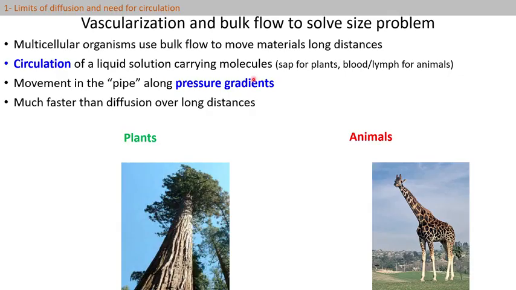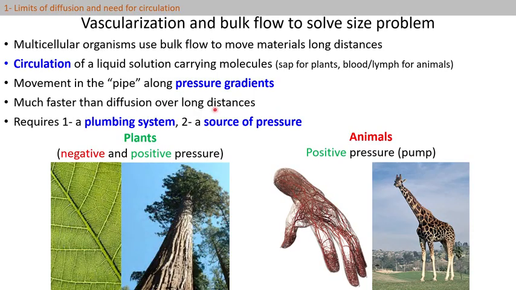And the key aspect to remember is that vascularization and bulk flow down pressure gradients is way, way, way faster than diffusion over long distances. So if I simplify what I'm saying, to go fast and transport nutrients and molecules easily, you need 1, a plumbing system, and 2, a source of pressure, and that's true in both plants and animals.